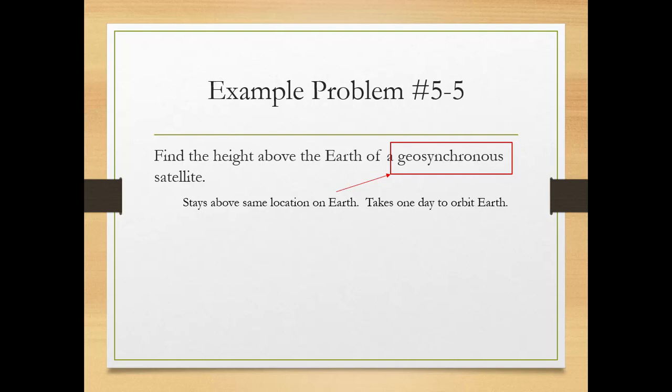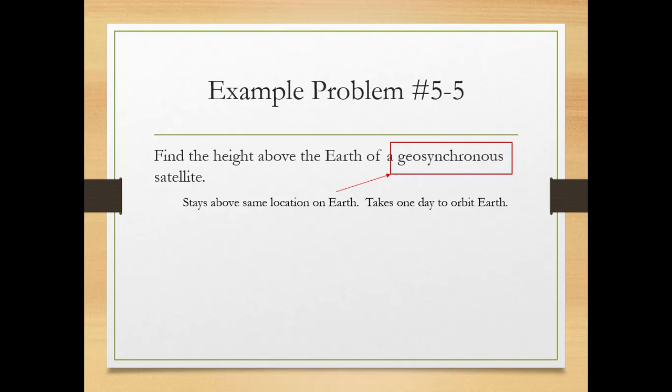So other applications of this: communication satellites are a great application. Another application might be maybe a little more clandestine. If you are a country and you have a particular interest in watching another country all the time to see what they're doing, you might put a satellite in a geosynchronous orbit.